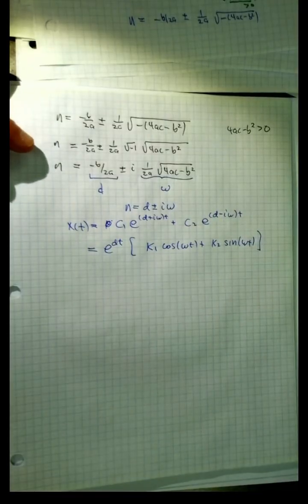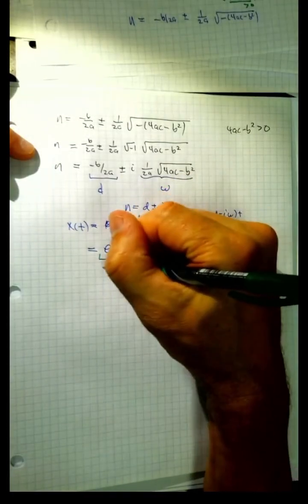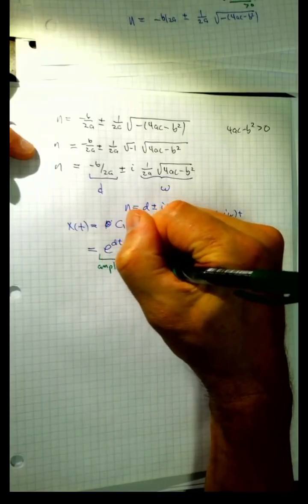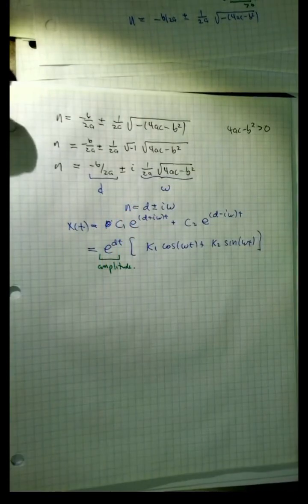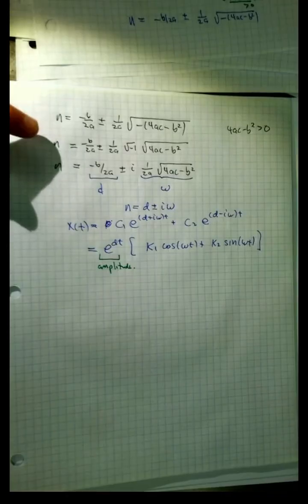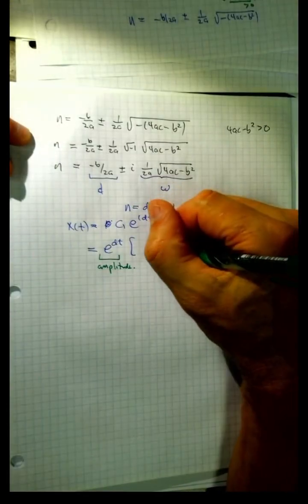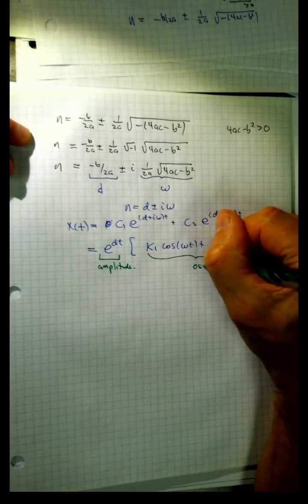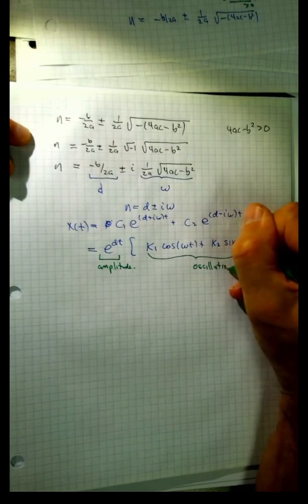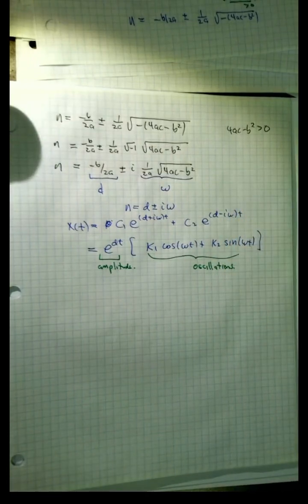And again, I can immediately interpret the amplitude of the oscillations in terms of the real part, and I can figure out the period and the nature of the oscillations based on the imaginary part.